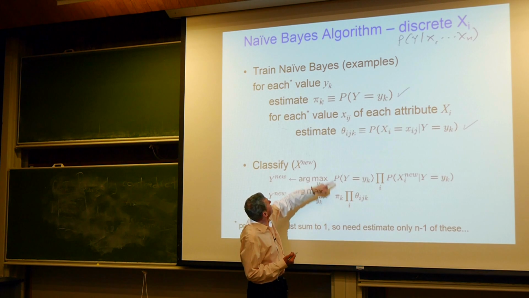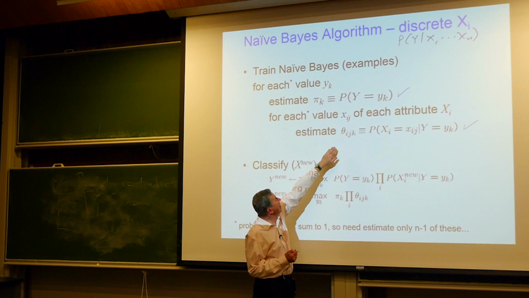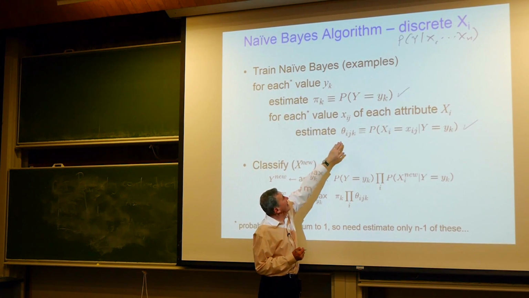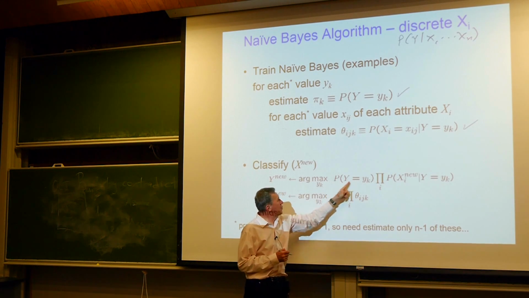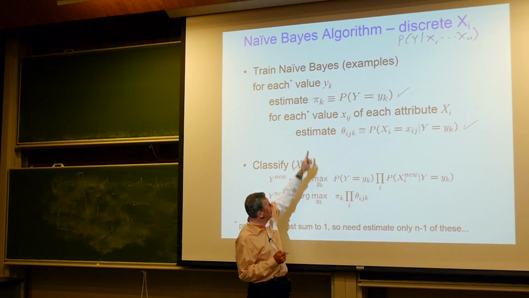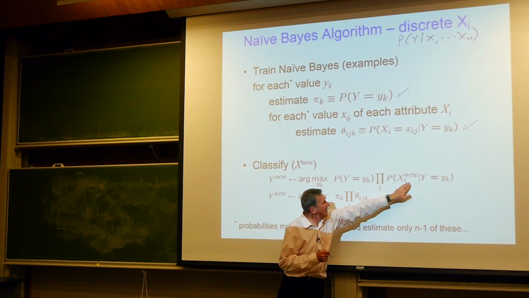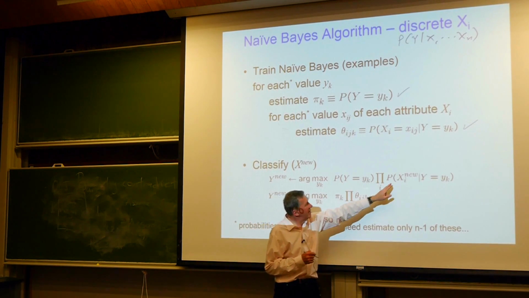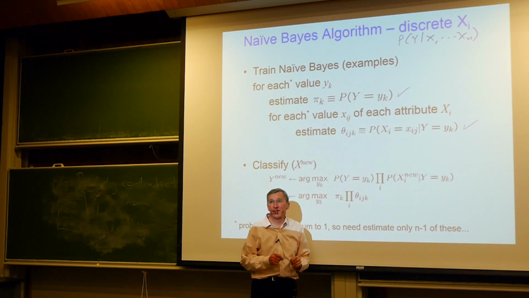And if I use this notation for the parameters, like pi for the prior and theta for these conditional ones, then the prior is just my estimate that I got during training, pi k, and the conditional probabilities of the values of the x sub i's given yk are just these.